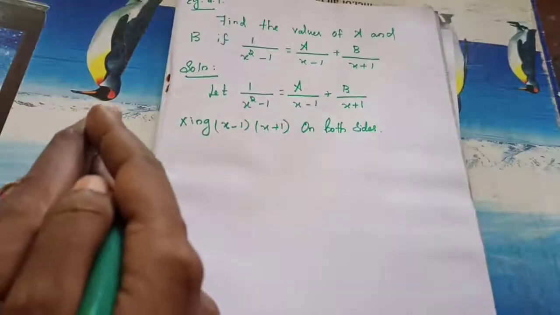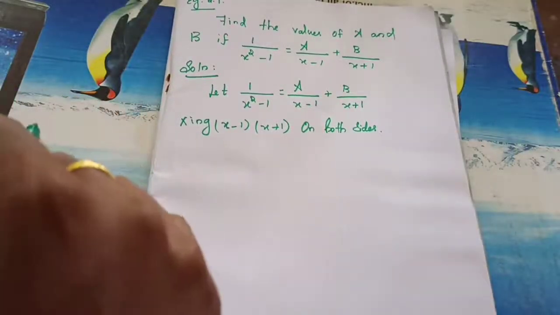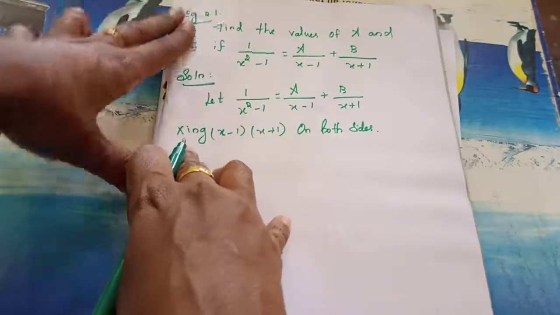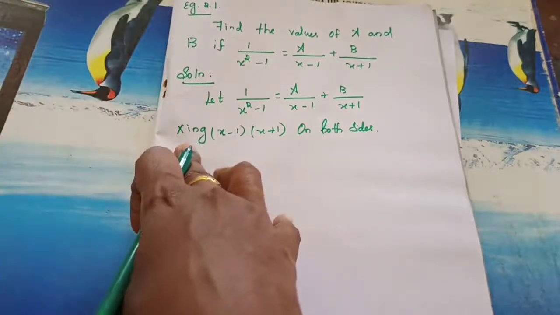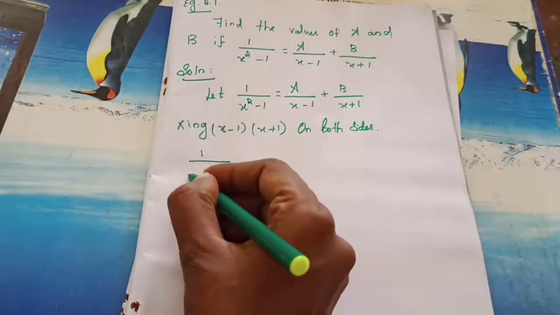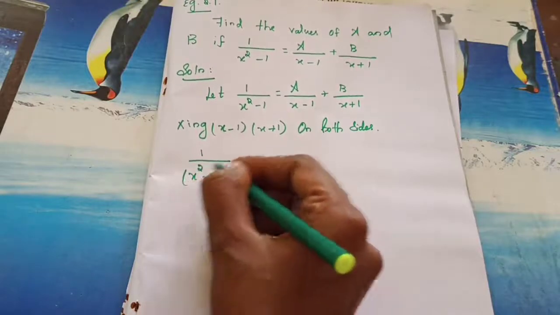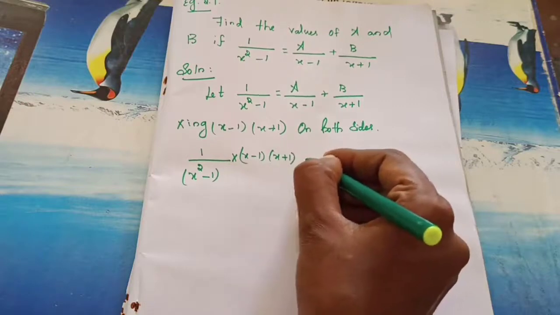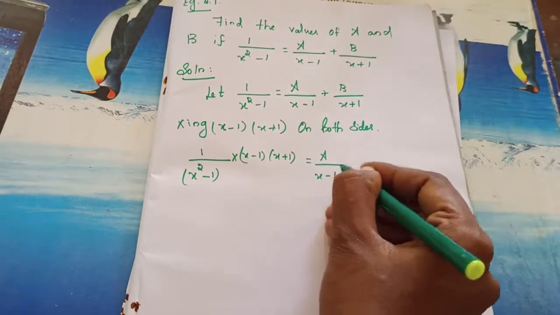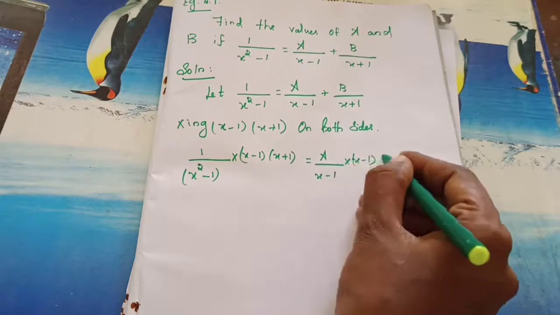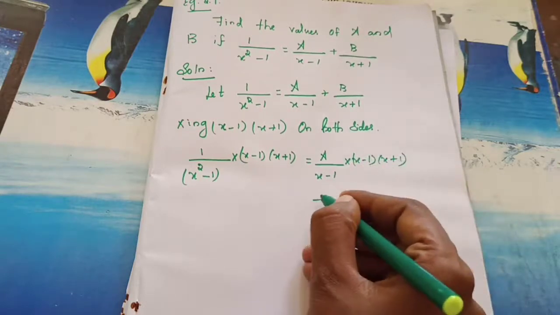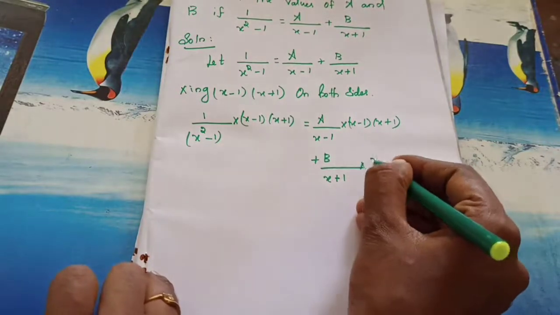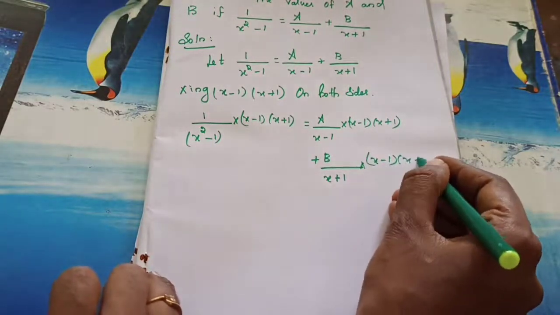We will multiply x minus 1 and x plus 1, which is the denominator value, on both sides, not only one side. 1 by x square minus 1 into x minus 1 into x plus 1 is equal to A by x minus 1 into x minus 1 into x plus 1 plus B by x plus 1 into x minus 1 into x plus 1.